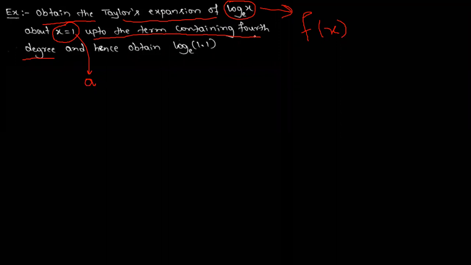Up to that term you need to expand the Taylor series. After obtaining the Taylor series, we need to find the particular value of log of 1.1. We will see how to find this. This is the second part of the question. The first part is obtaining the Taylor series.